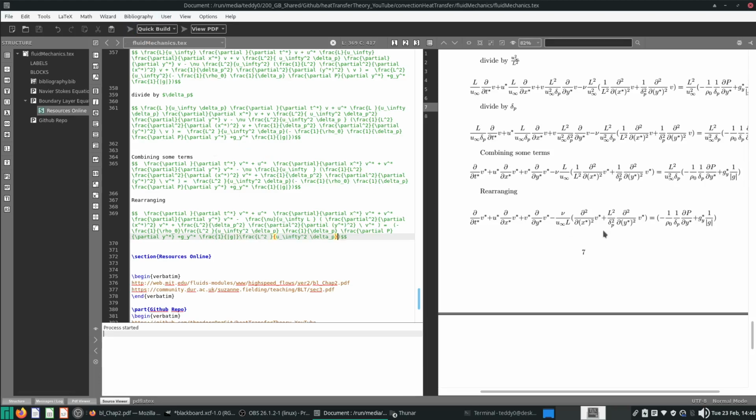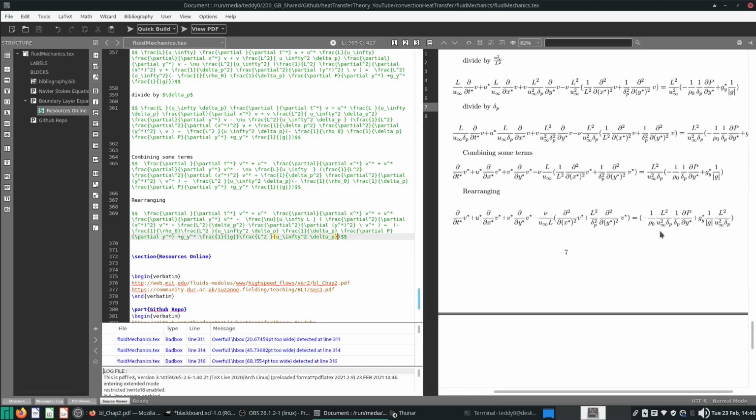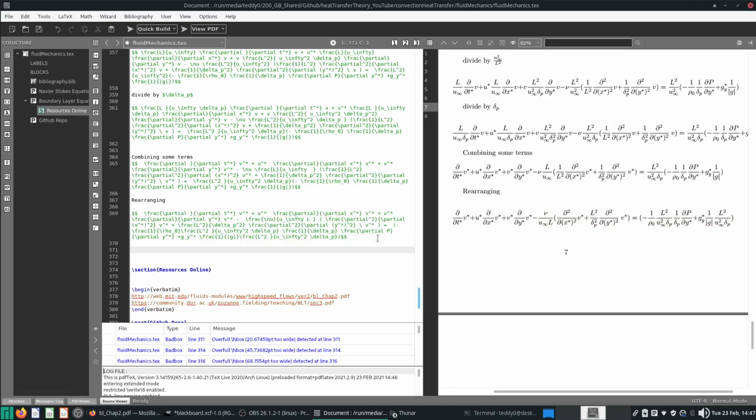We should be able to get some semblance of a Froude number pretty soon. Anyway, you see the rho and U infinity squared will be able to non-dimensionalize the pressure.